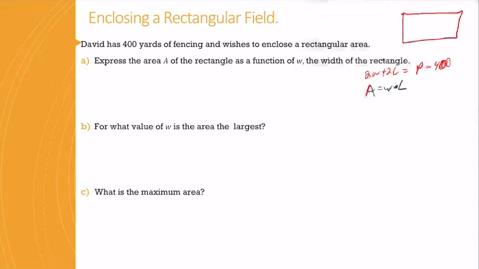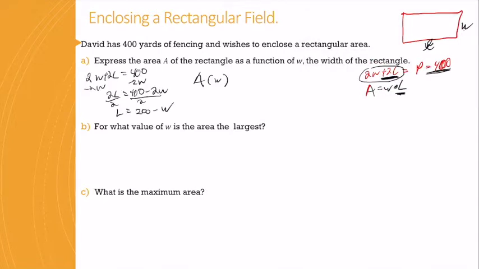I get L equals 200 minus W. I can then define area in terms of our width W as 200 minus W, our length, times our width. And this simplifies down to 200W minus W squared, but we're going to rearrange our terms so that we have our highest degree term first. So there I have the area of a rectangle expressed via width.